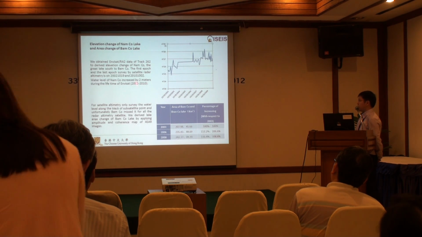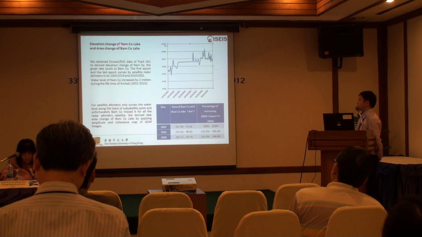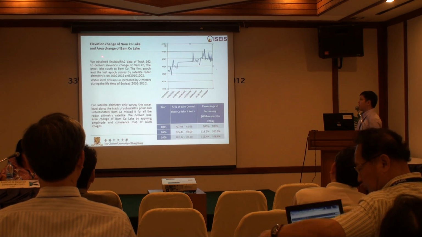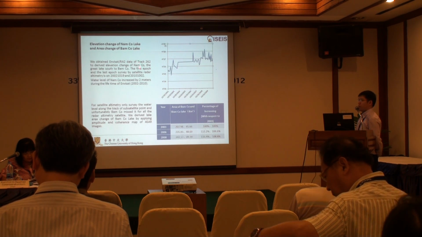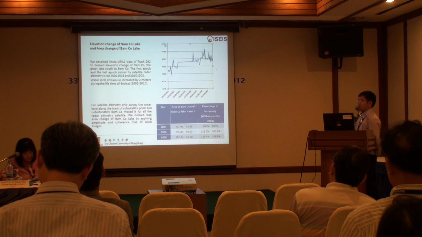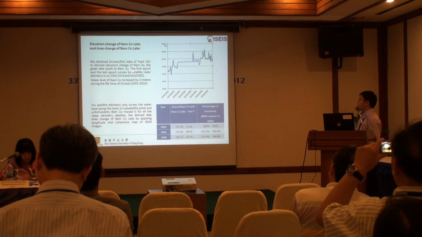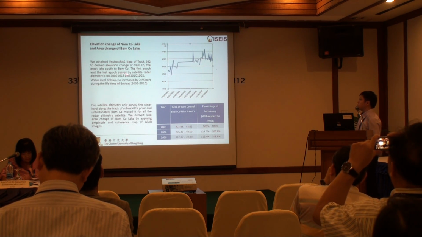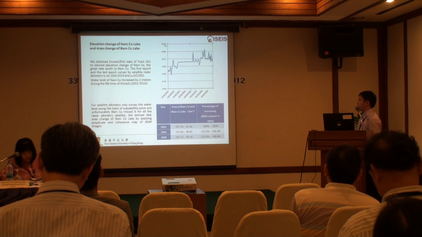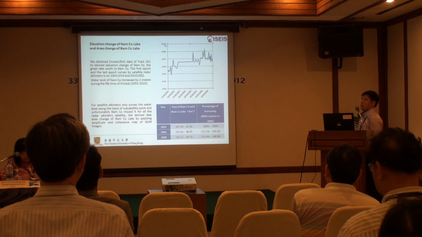However, the Namso Lake is quite large, about 2,000 square kilometers, and we obtained the altimeter information by using ENVISAT RA2 data. The first observation is in 2002, and the last is in 2010.